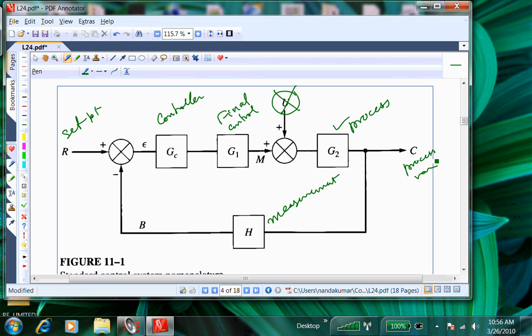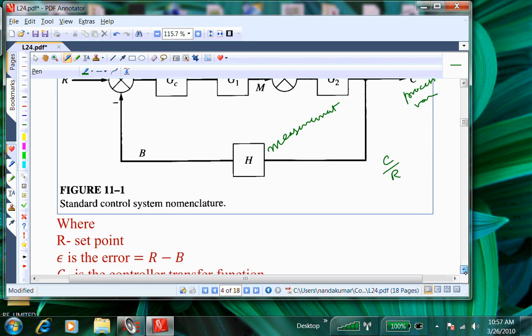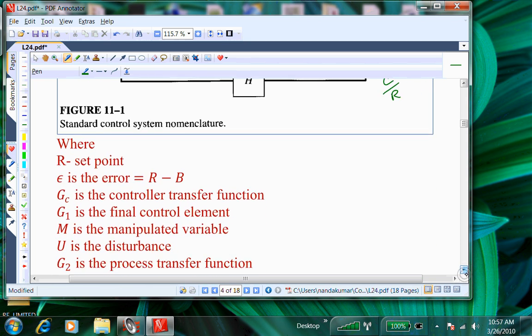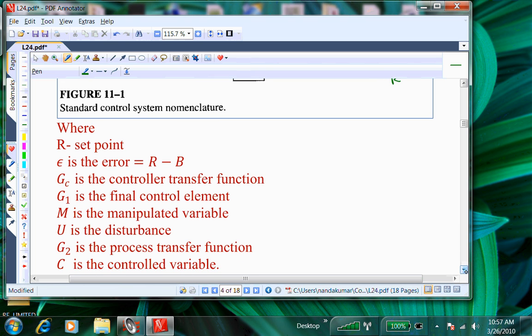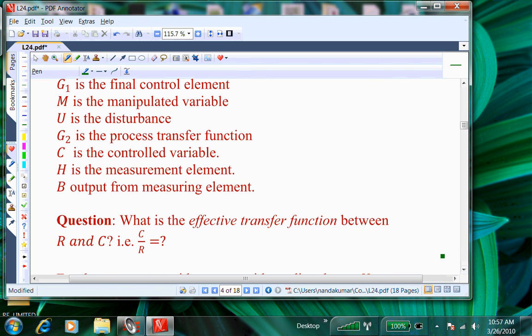We are measuring it, and we want to control it. We saw in the last class how to obtain C divided by R. So I'm just describing in detail what the various elements are, and the problem is to find C over R, the output over the set point.